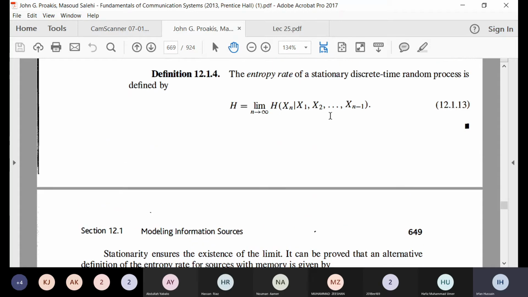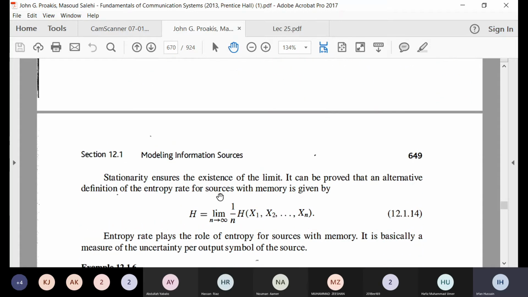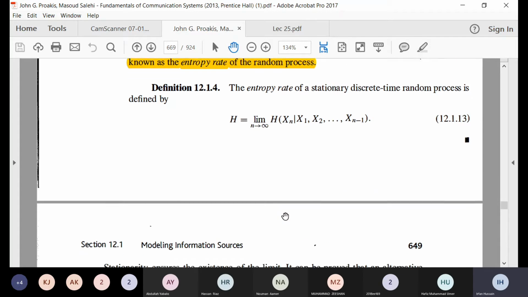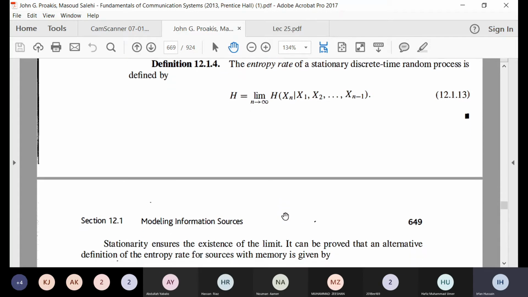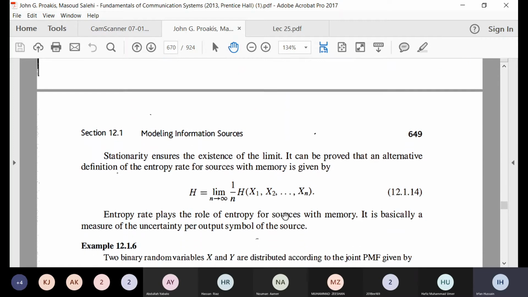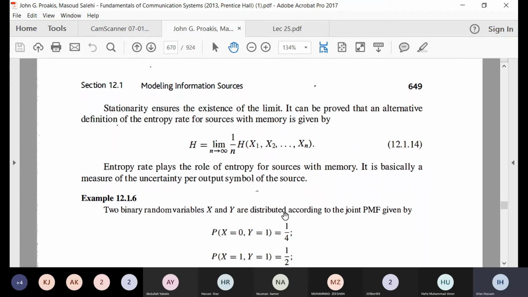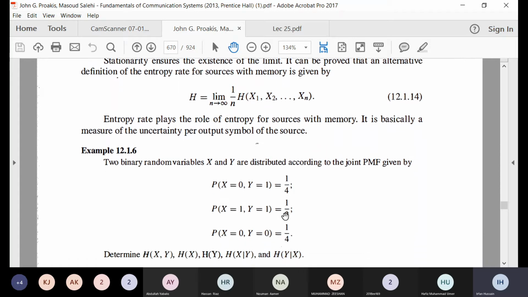They discuss another formula for entropy rate, which is as follows. You can see there are two different formulas. One is X of n given all the previous random variables as n tends to infinity, and they are actually similar, but its proof is not in the course. You can just see it.